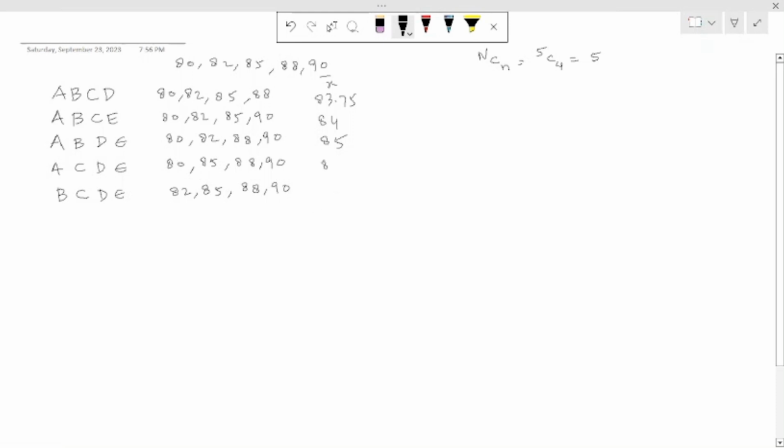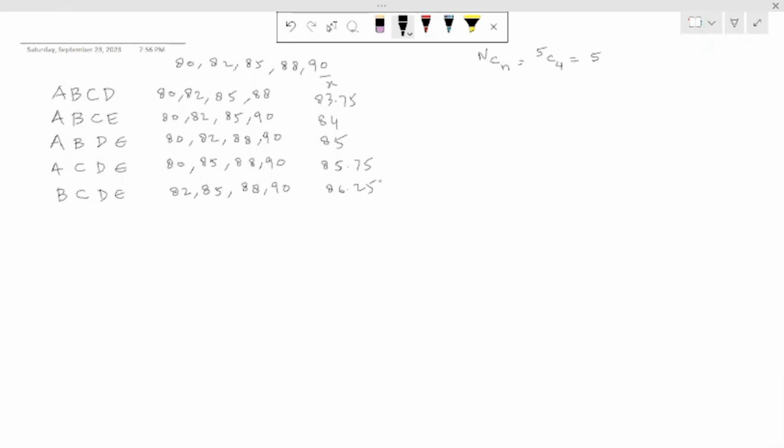Then it would be 85.75 and then 86.25 will be the mean values of the last two samples.